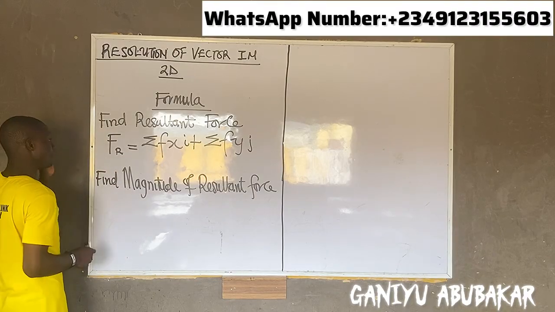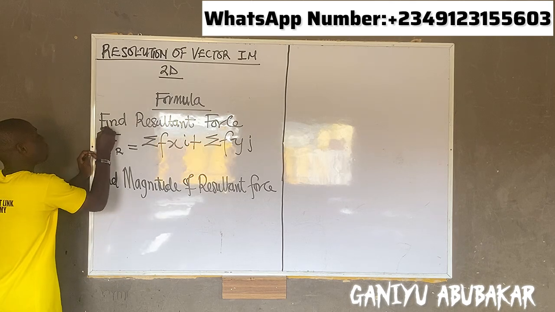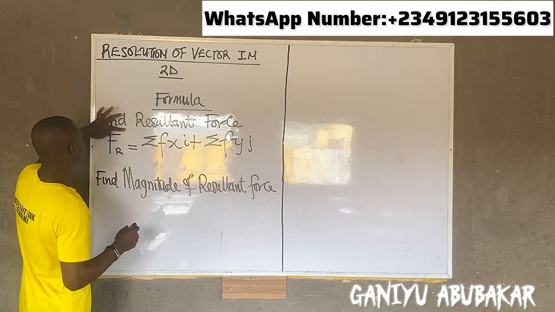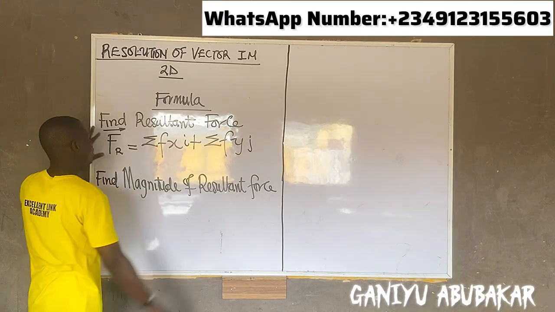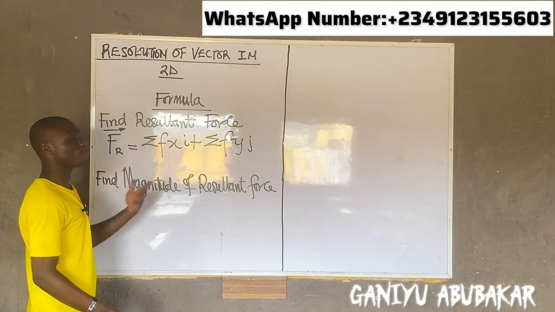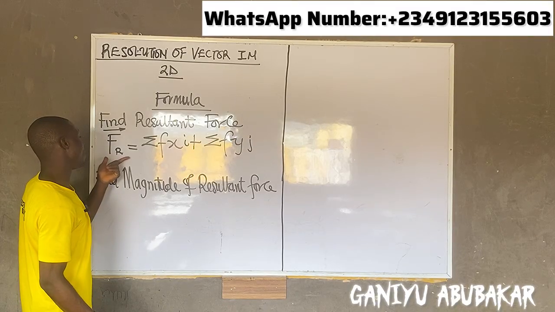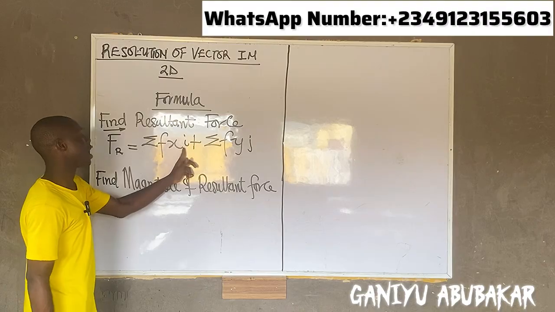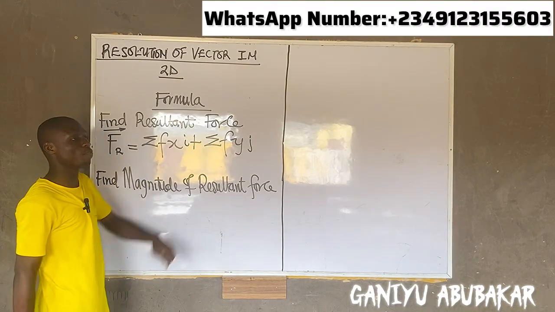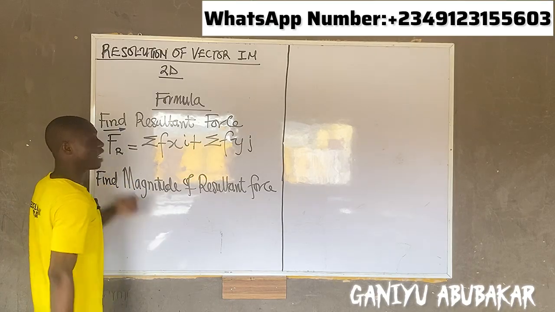If it is not in vector form, you erase i and j, and that gives you a normal resultant force. But if I am asked to express it in vector form, put the vector arrow on Fr and attach i and j. But if you don't want it in vector form, just erase i and j and the arrow.